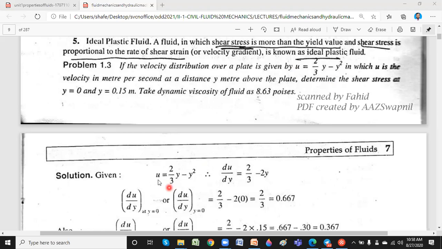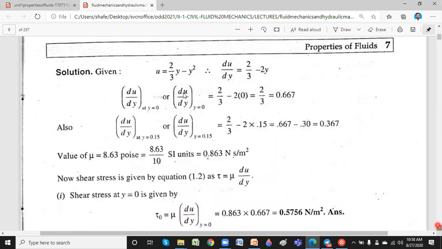See here, this is the basic distribution given: u is 2/3 y minus y square. In Newton's law I need du by dy, so differentiate this. What you get is 2/3 minus 2y. Now I have two cases, the first case y is 0, the second case y is 0.15.